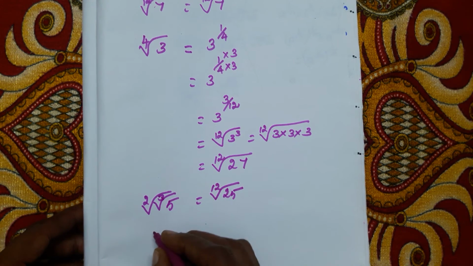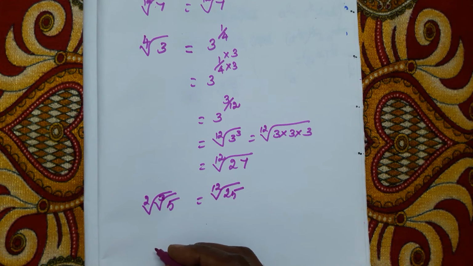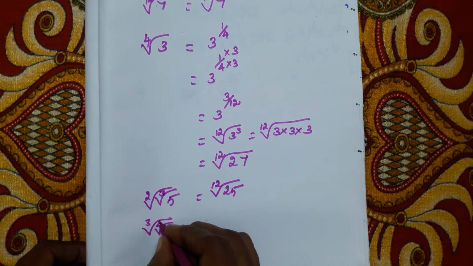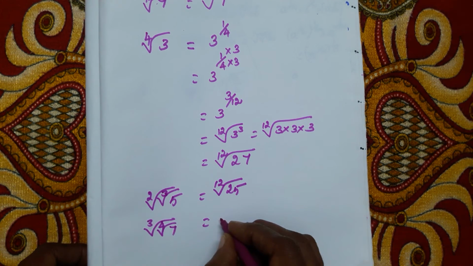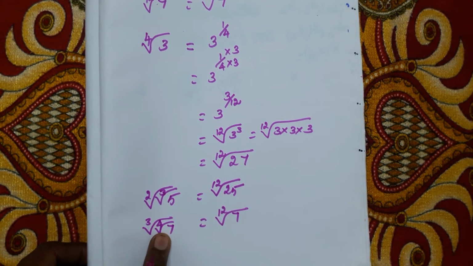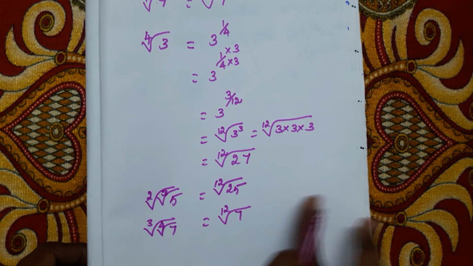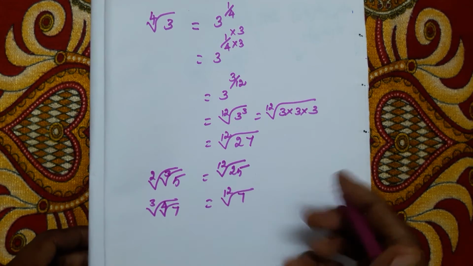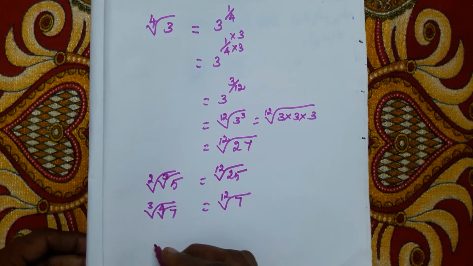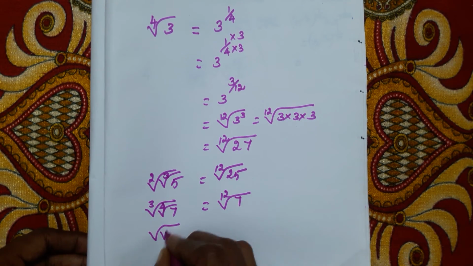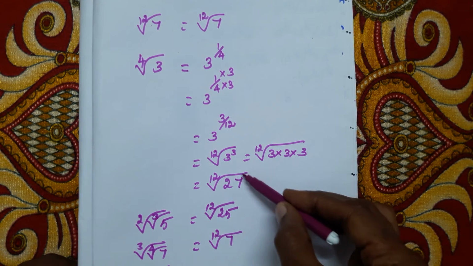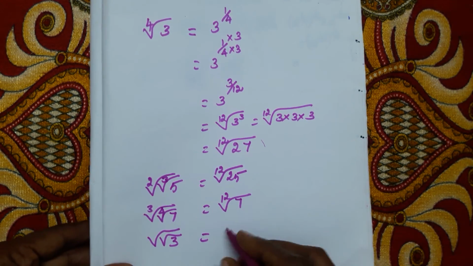Next number, the cube root of the 4th root of 7 is equal to the 12th root of 7. Next, third number, the square root of the square root of 3 is equal to the 12th root of 27.